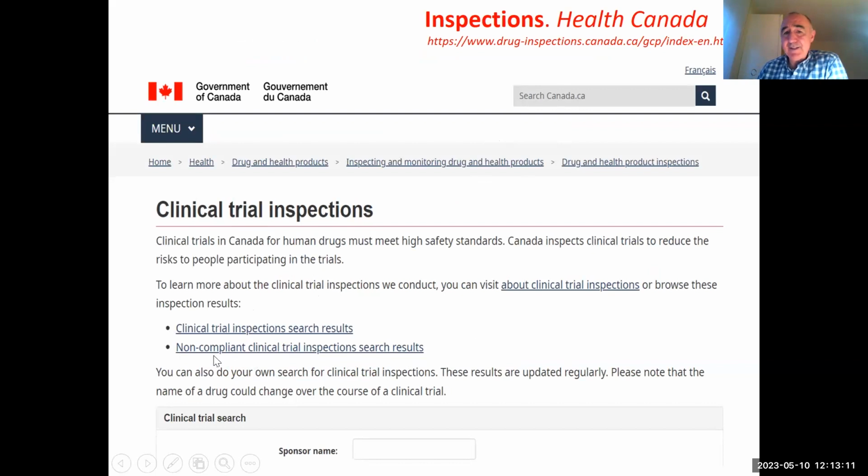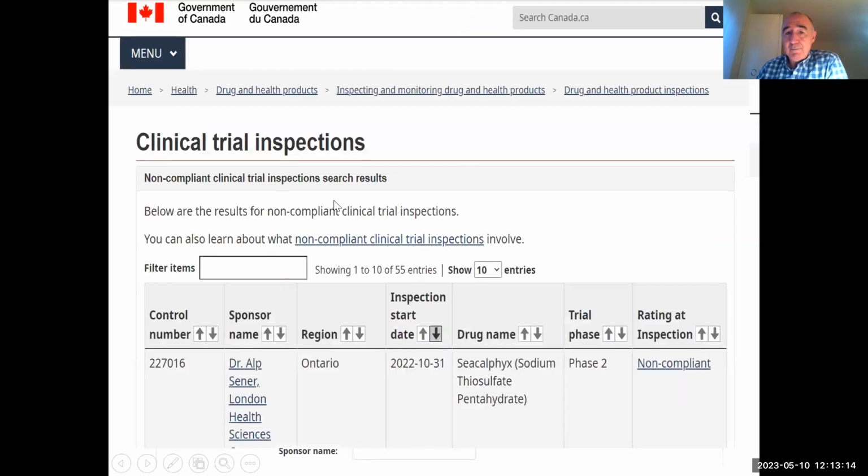This is the way the website looks like, and you have information about the sponsor, the region where the trial was carried out, the inspection start date, drug trial phase, and rating at inspection.